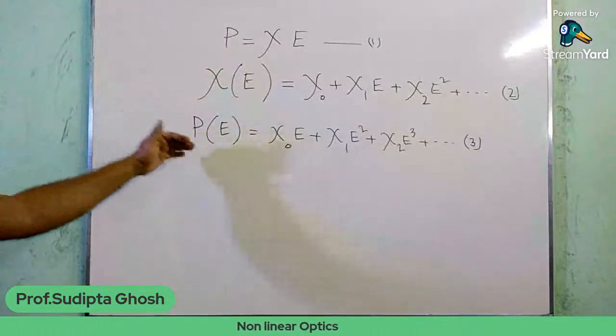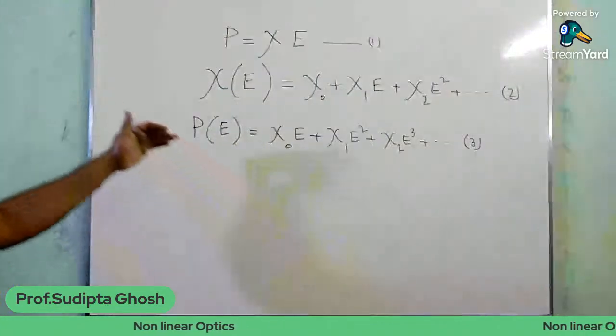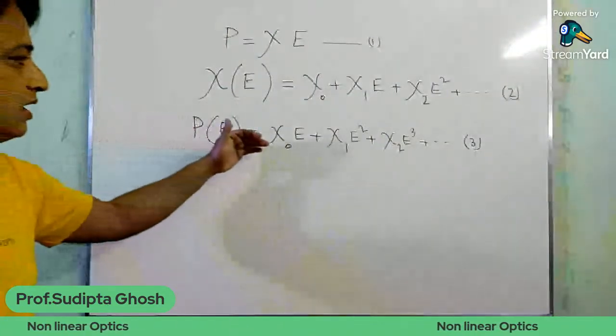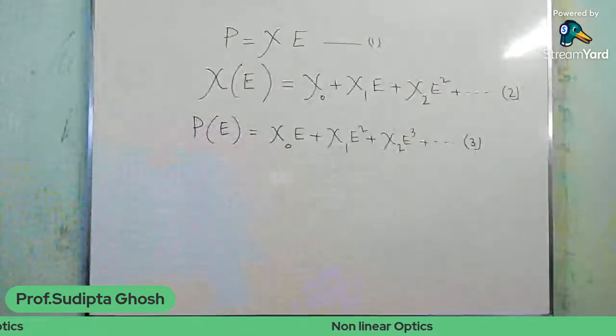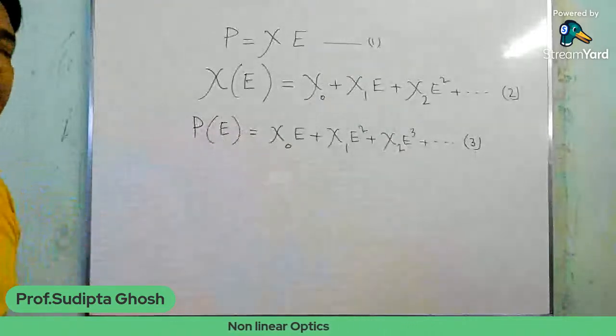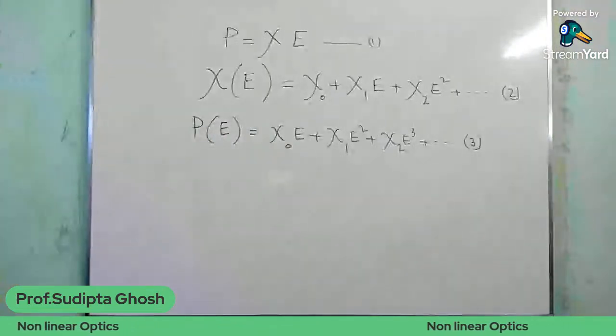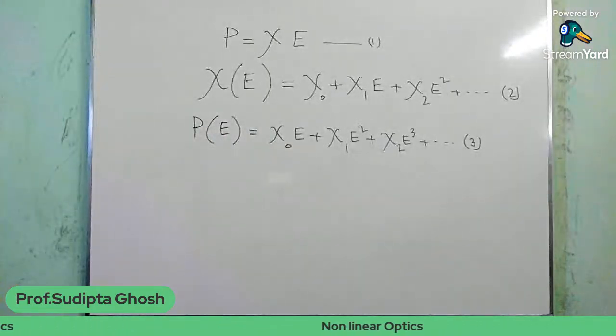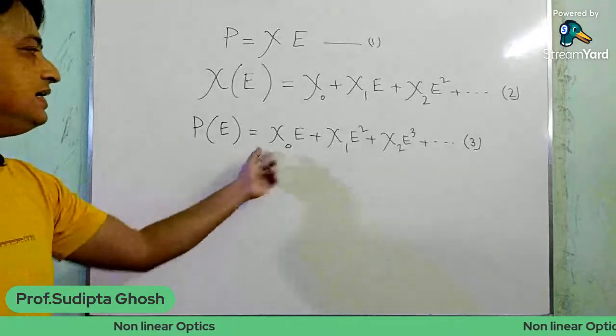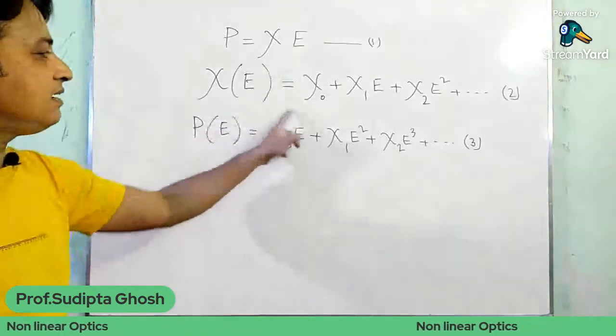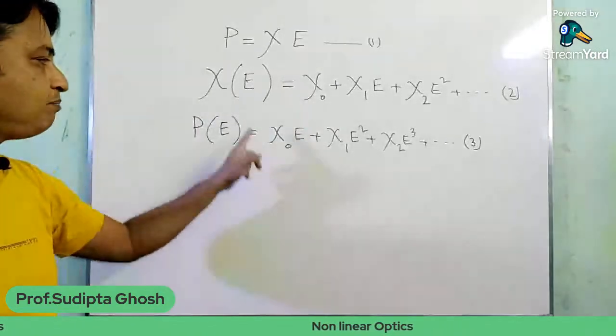Now if we look at equation number 3, what do we find? The first term is chi 0 E. This is the linear relationship that holds here.